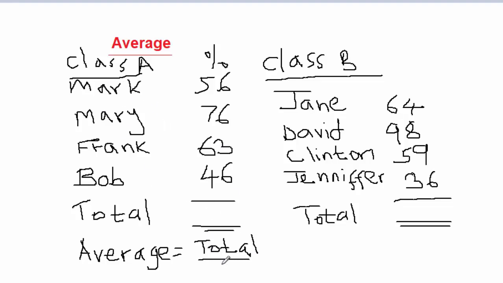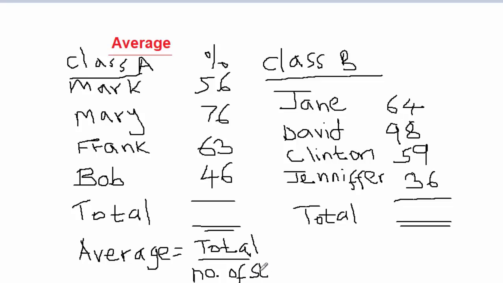So if I want to get the average here, I will take total divided by 4. Okay, let me just write it as the number of students. Number in short form is written like this, number of students.